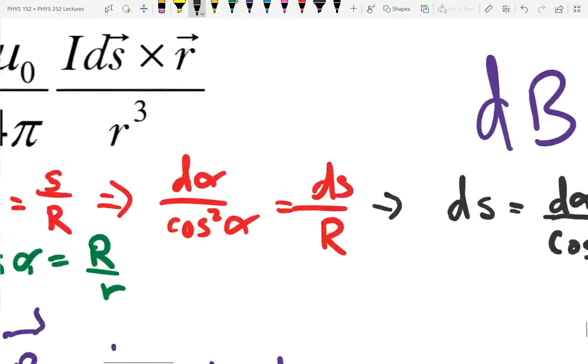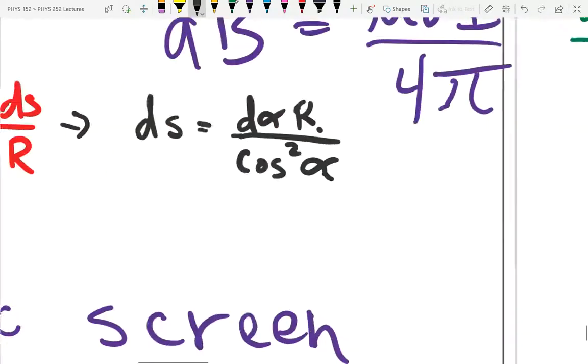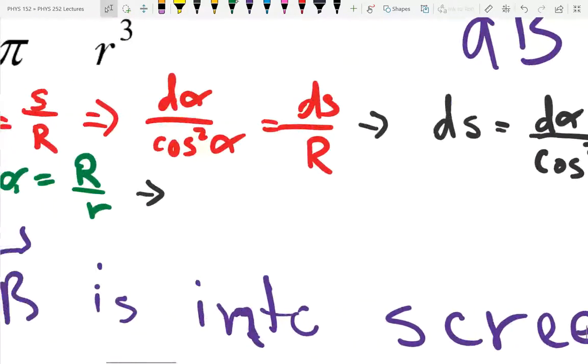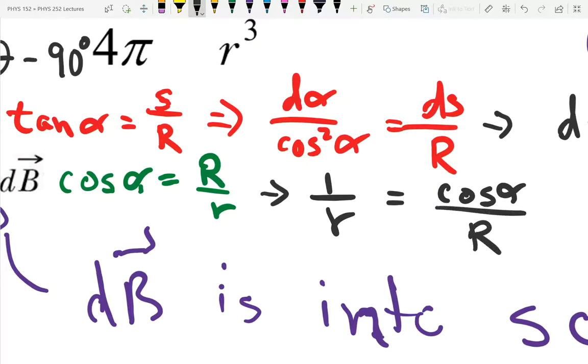And then I'm going to use the other one to solve for 1 over r. So 1 over r is cosine alpha over r.